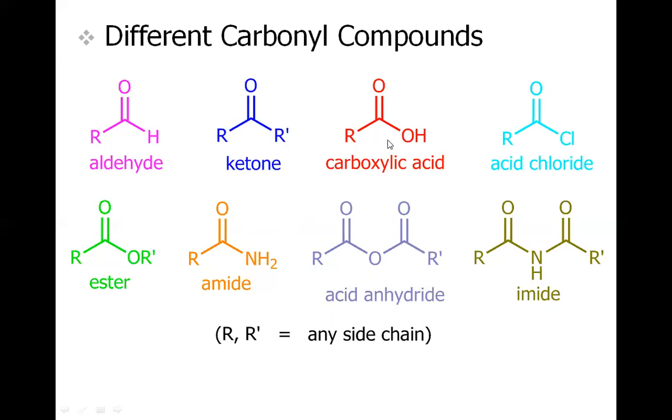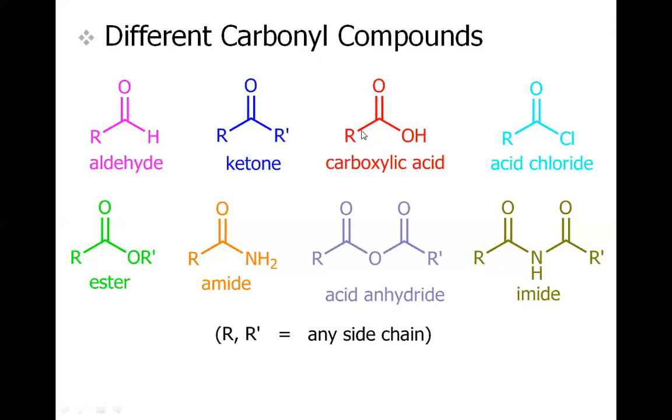However, if we have the other heteroatoms such as the hydroxy linked with the carbonyl, it is called carboxylic acid. If we have the chlorine linked with the carbonyl, it is called the acid chloride. If we have the alkoxy group connected with the carbonyl, it is called the ester. And if we have this NH2 group connected with the carbonyl, it is called amide. These two carbonyl compounds, acid anhydride and imide, are basically formed by condensation.